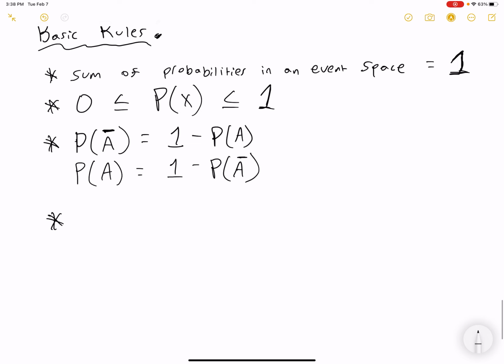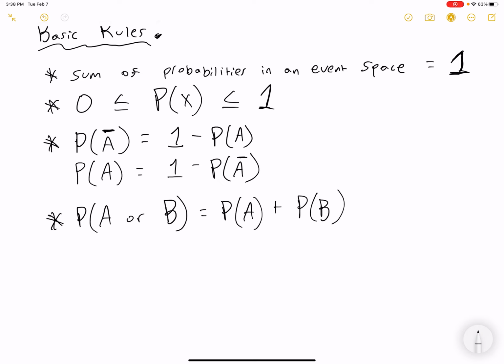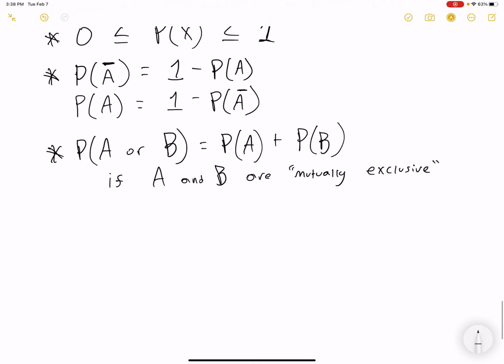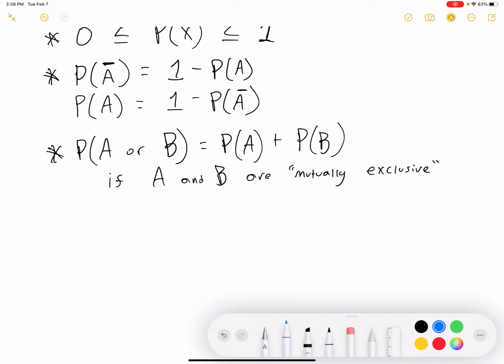Getting slightly less intuitive, the probability of A or B is equal to the probability of A plus the probability of B if A and B are mutually exclusive. Mutually exclusive means that if A happens, then B does not happen.